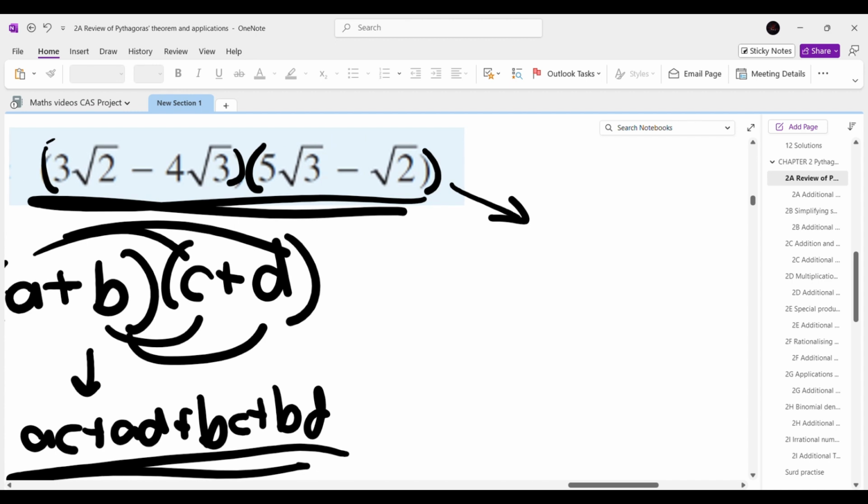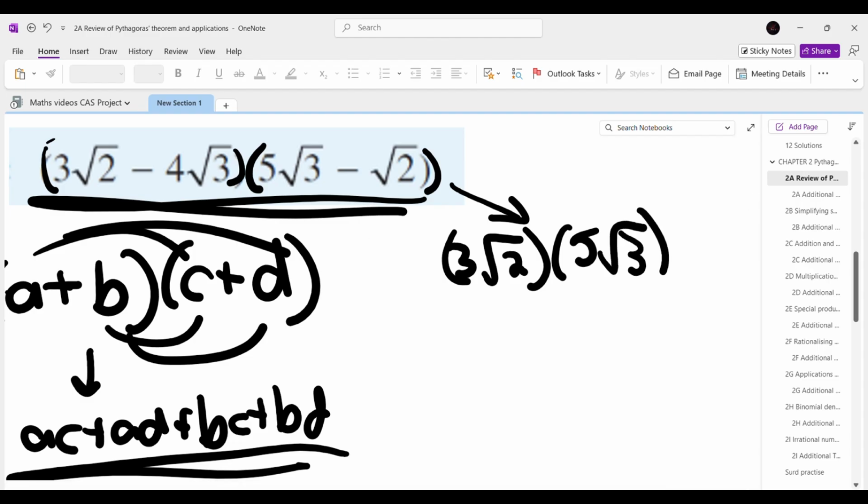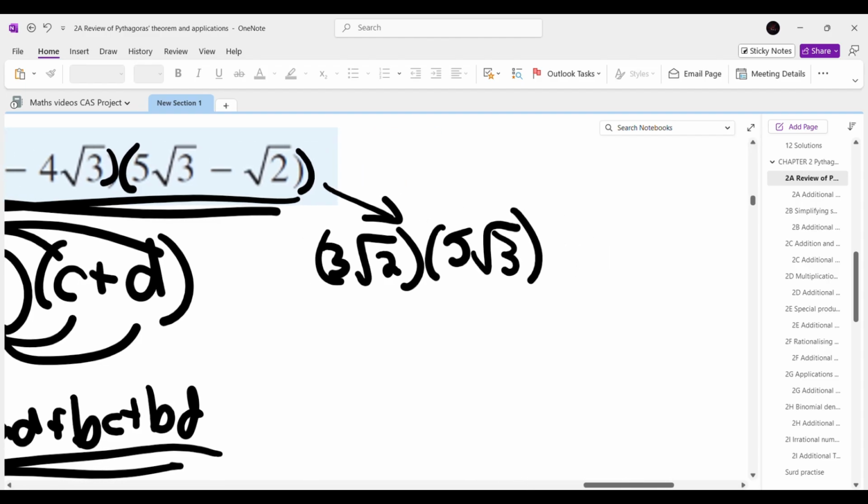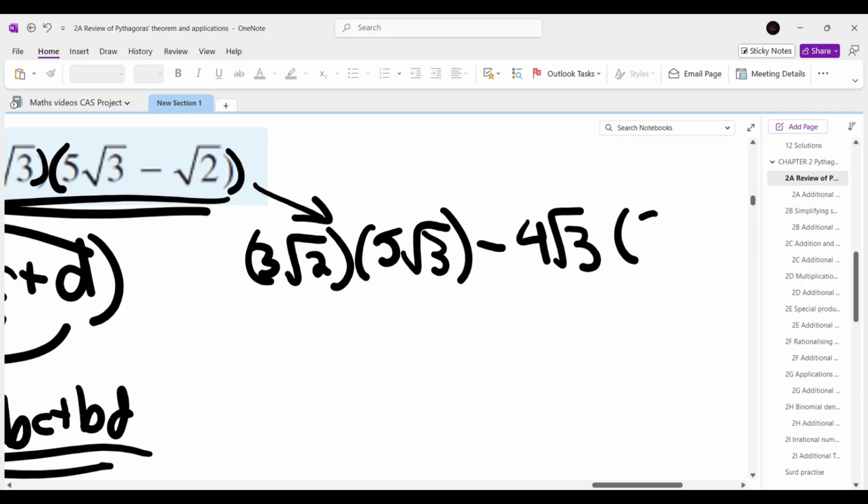So we have 3 root 2 multiplied by root 3. Then we have minus 4 root 3 multiplied by 5 root 3.